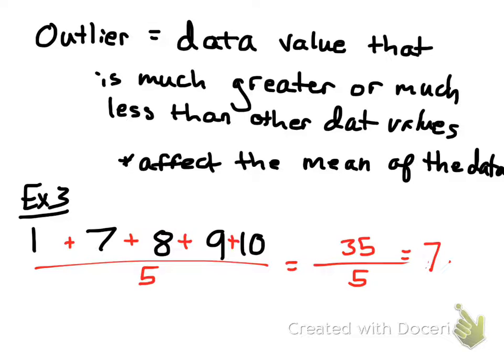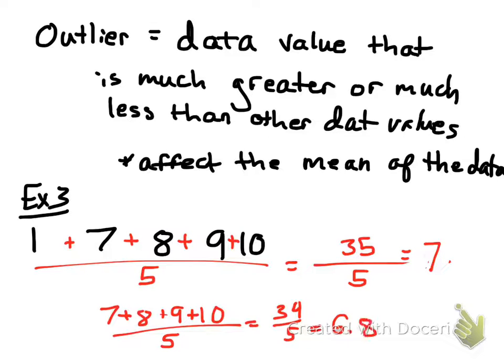Now if we were to do this again and test it without the 1, if we added 7 plus 8 plus 9 plus 10, 15 plus 19 is 34 over 5. The number 1 doesn't throw it off too heavily. That's about 6.8, so that's pretty close. But if I added the number 20 instead, that would throw off our data a lot. 20 is a great outlier.